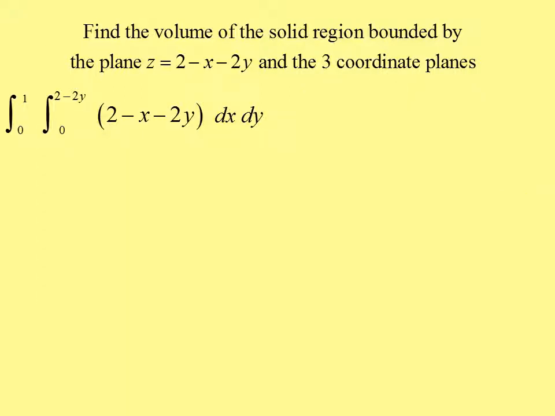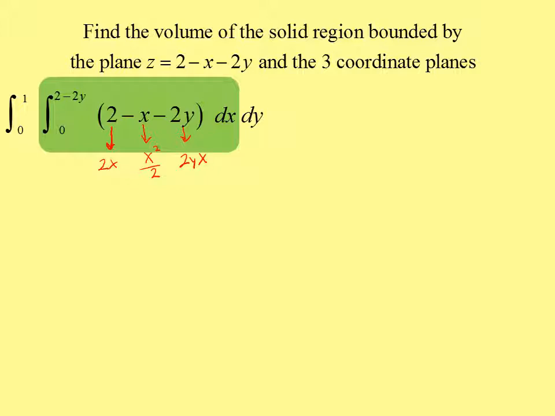So now to evaluate this integral by hand, if we don't have a calculator, we would begin on the inside, integrating with respect to x. We have the integral of 2, which would be 2x, the integral of x, which would be x squared over 2, and the integral of 2y would be 2y times x.